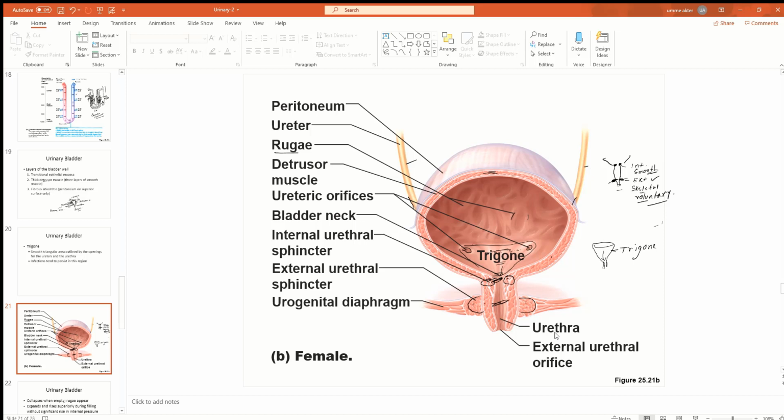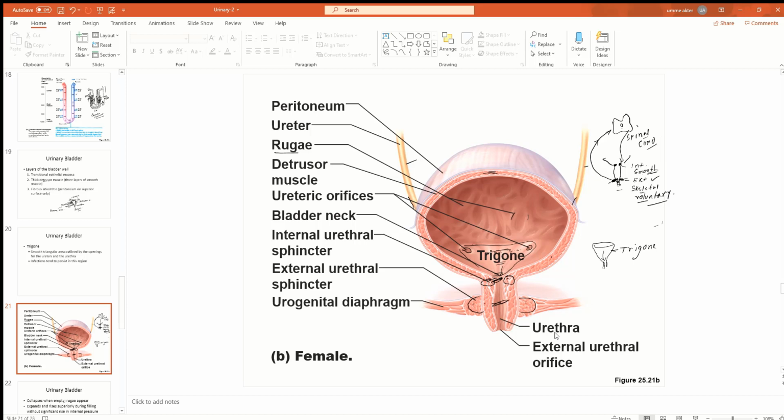So when we voluntarily relax the external urethral sphincter, a nerve signal goes to the spinal cord. So this is your spinal cord. Okay, so you see, the external we voluntarily relax, so this opening gets bigger, and a nerve signal will go from the skeletal muscle to the spinal cord, the central nervous system, and the spinal cord will send a signal to the internal urethral sphincter and tell it to relax.